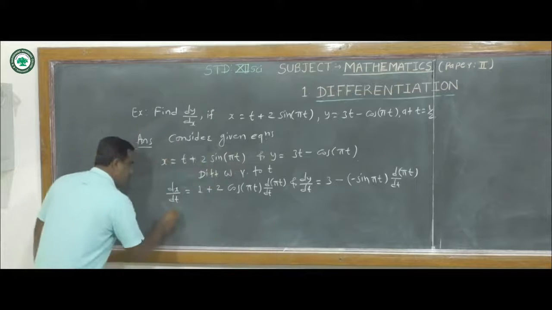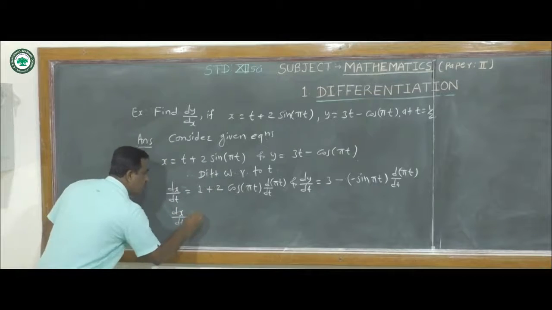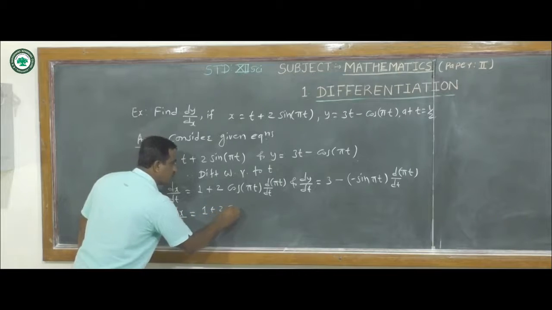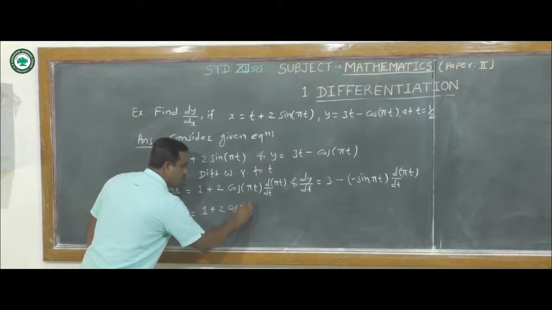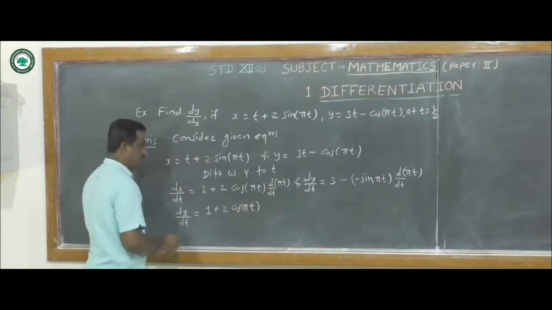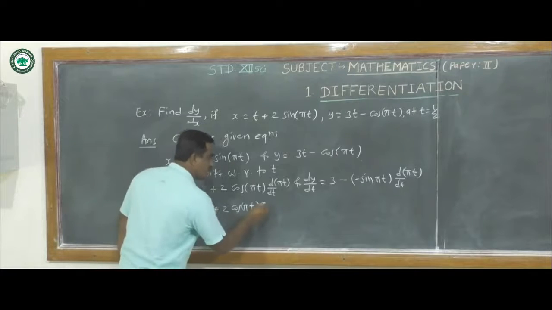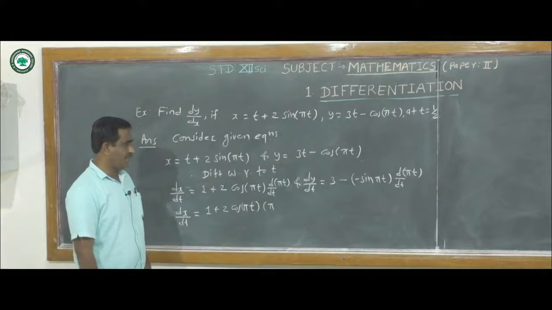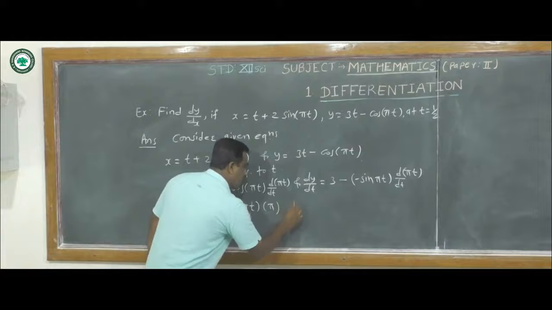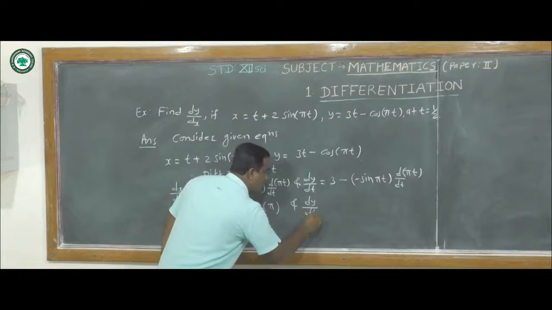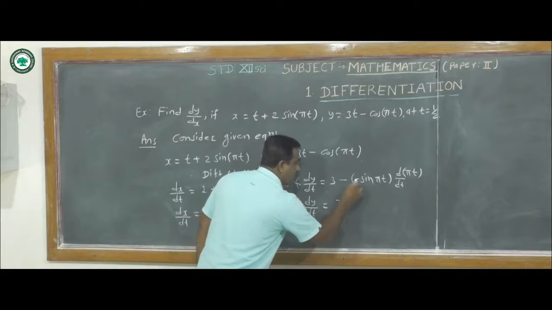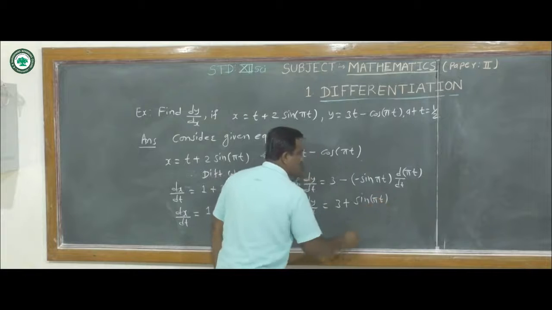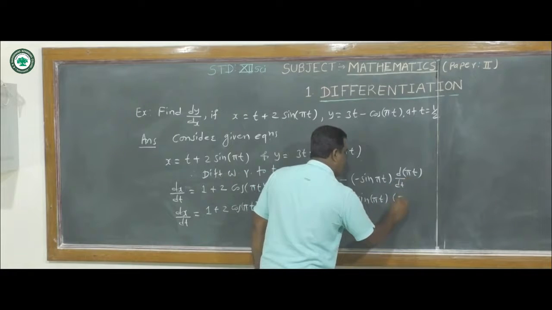Now further, dx by dt equal to 1 plus 2 into cos of pi t into the derivative of pi t. The derivative of pi t is pi, because the derivative of t is 1 and the constant term pi stays as it is. And dy by dt is equal to 3 plus sin pi t into the derivative of pi t, which is again pi.